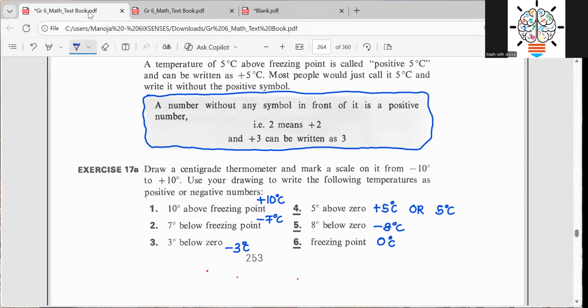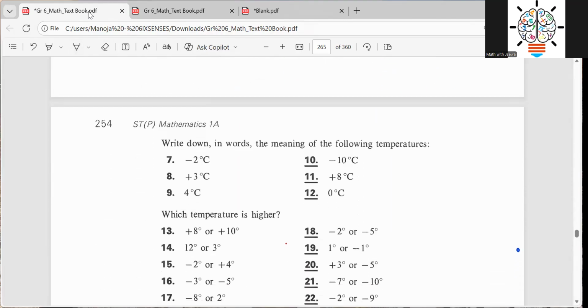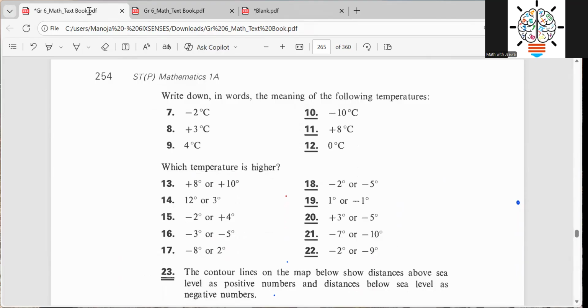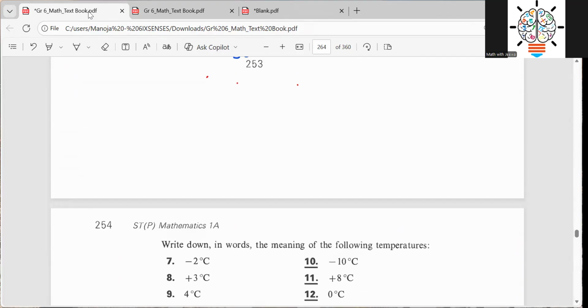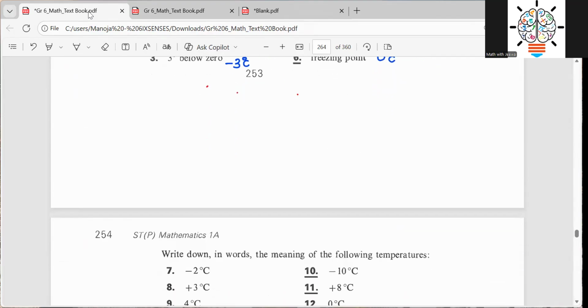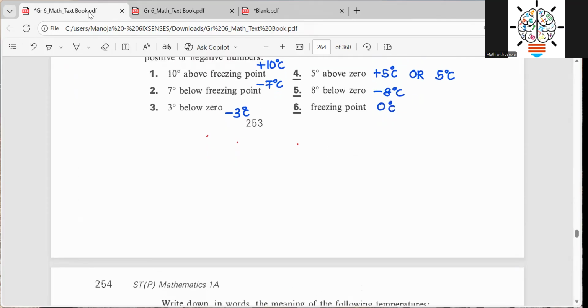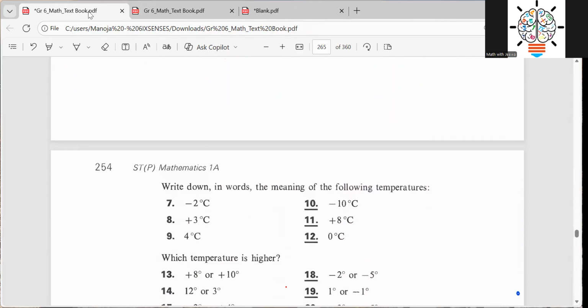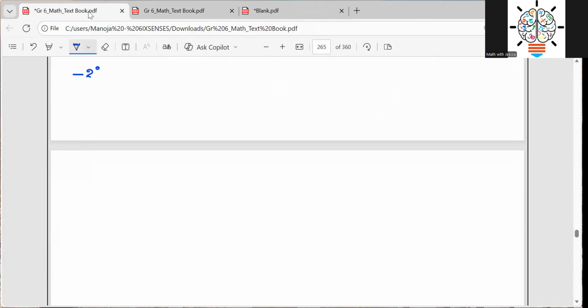Okay. So then we will move to the next one. I hope all of you have an idea by now what they are talking about, these directed numbers. Then you want to write down these values in words. If it is -2, how do you write it, children? You just write 2 Celsius below 0, right? If you have -2, what are the 2 ways you can write it?